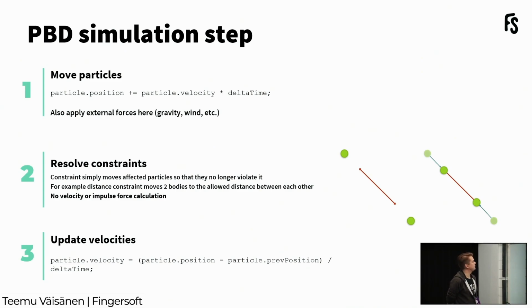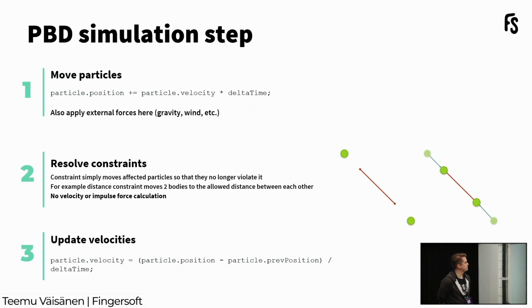You have a particle that has a position, so you add the velocity, and then you take the delta time into account there. But also in step 1, you add any external forces that the system may have. So usually this means gravity, wind, or whatever kind of global effect you want to have in the system.